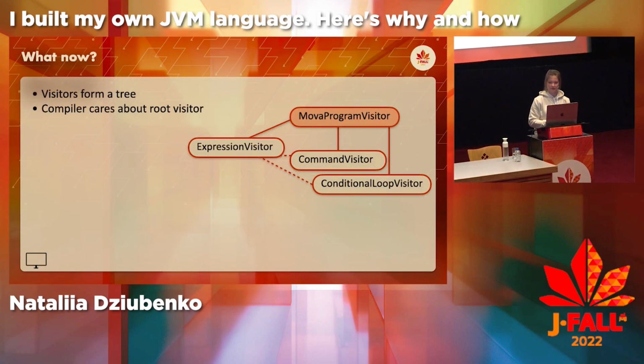I made a little diagram, so you can see it reflects the structure of my rules a little bit, but also comment visitor and conditional loop visitor use expression visitor, so they call some methods when they want to visit an expression. And eventually, if you do it right, your compiler, I have a compiler class which only cares about the Mova program visitor, the main root visitor, and then it knows how to spread the responsibility further in the nodes to other visitors.